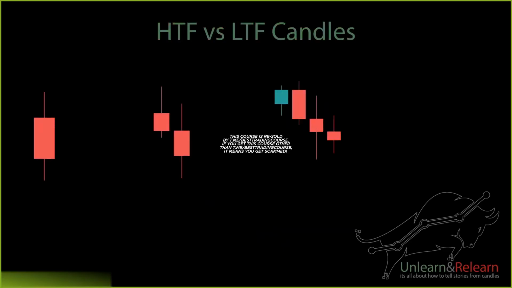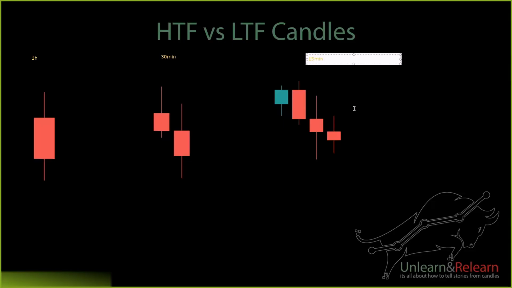So there's going to be a lot of information there. Okay, so over here what we have is the 1 hour chart. We have over here the 30-minute chart, and then we have here the 15-minute chart, right? Perfect.